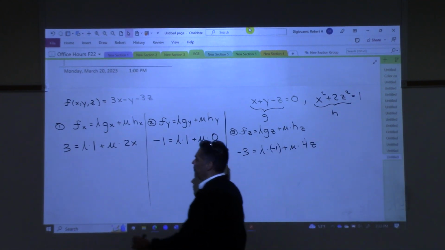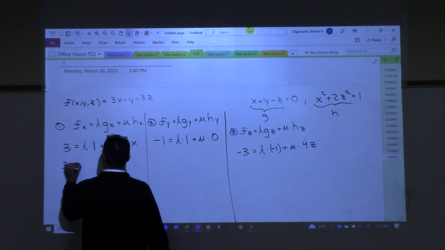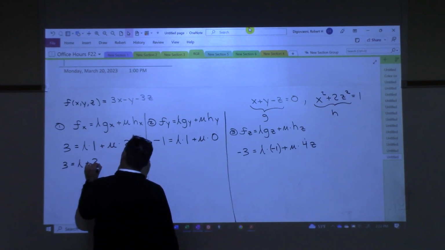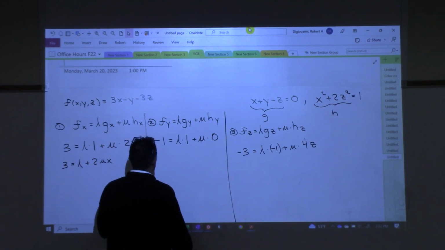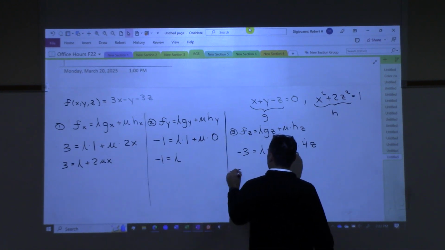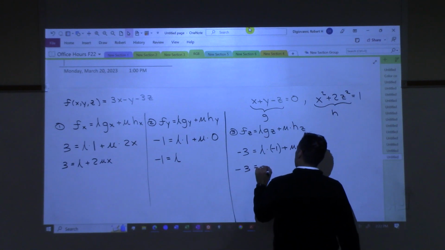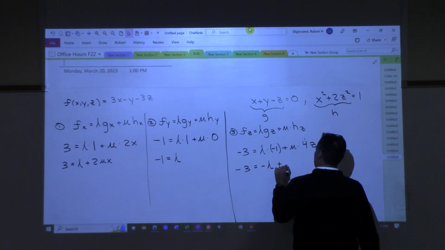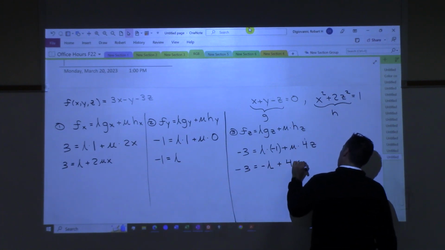Let's clean it up. 3 equals lambda plus 2 mu x. -1 equals lambda. Ooh, that's nice. -3 equals negative lambda plus 4 mu z.